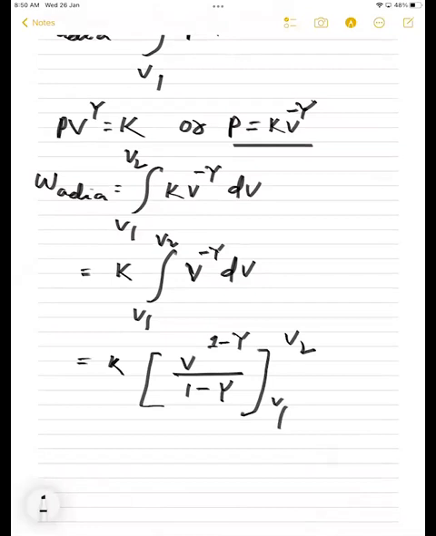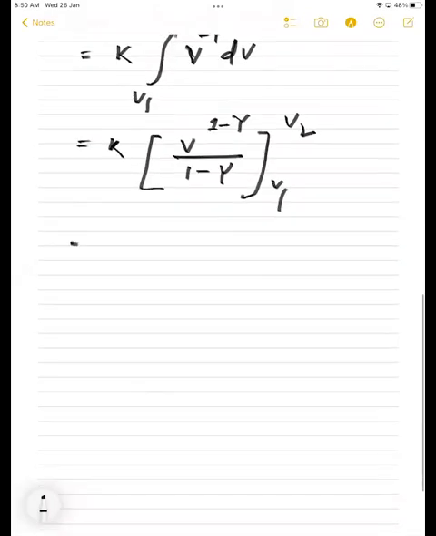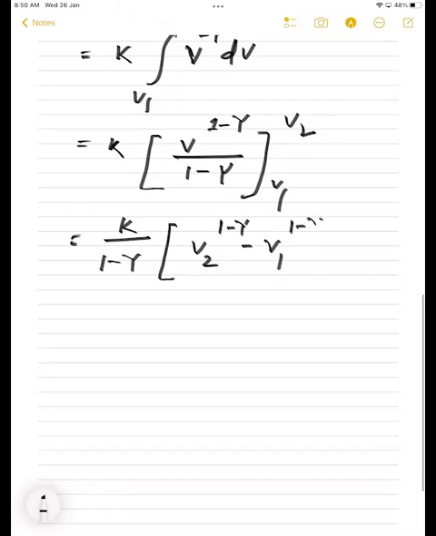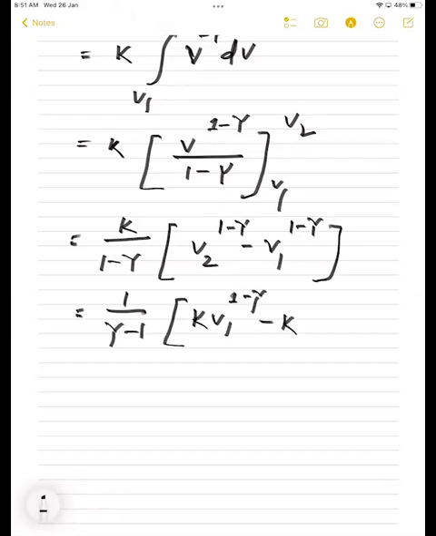If I put the limits here, I can get K, 1 by 1 minus gamma came out. This is V2 to the power 1 minus gamma minus V1 to the power 1 minus gamma, correct? So that is equal to 1 by gamma minus 1 whole into K V1 to the power 1 minus gamma minus K V2 to the power 1 minus gamma.